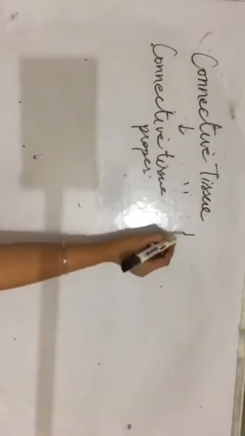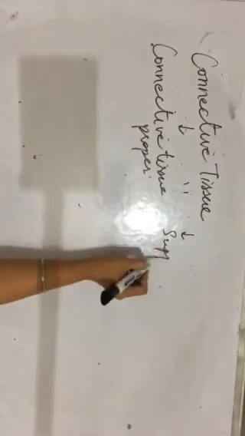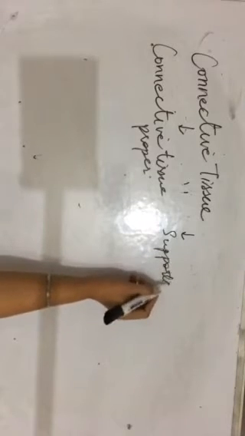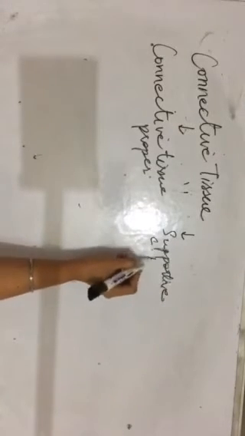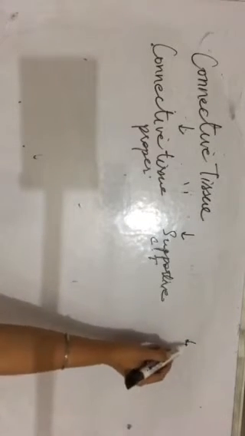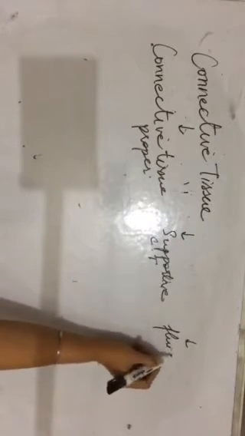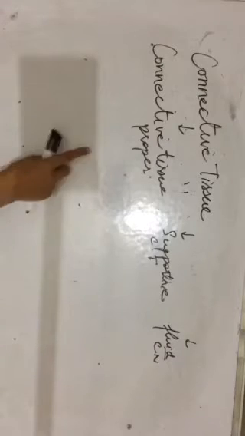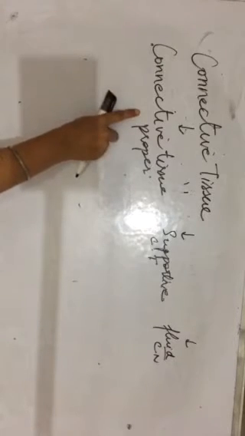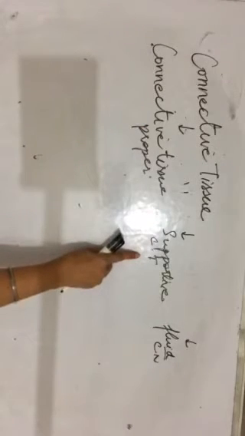Number two is supportive connective tissue, the one that supports. And number three is fluid connective tissue. Fluid means that which can move, like water is a fluid, right? So connective tissue is of three types mainly: connective tissue proper, supportive connective tissue, and fluid connective tissue.